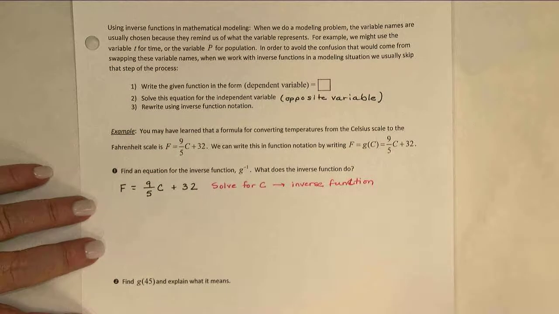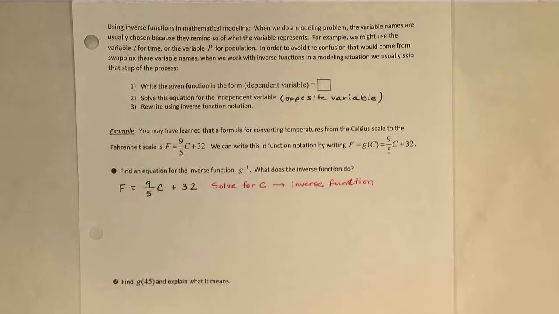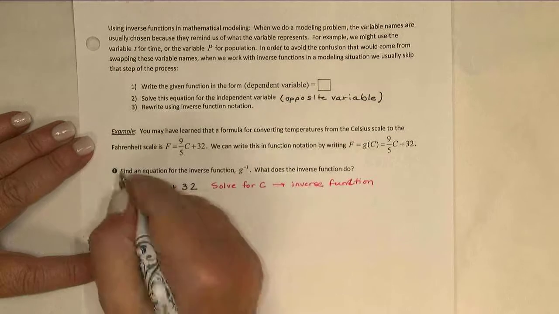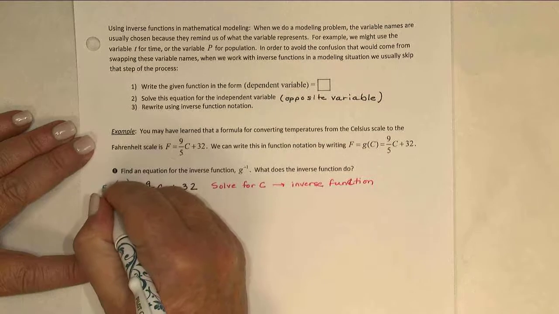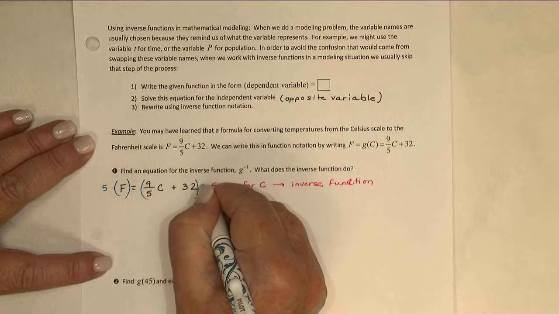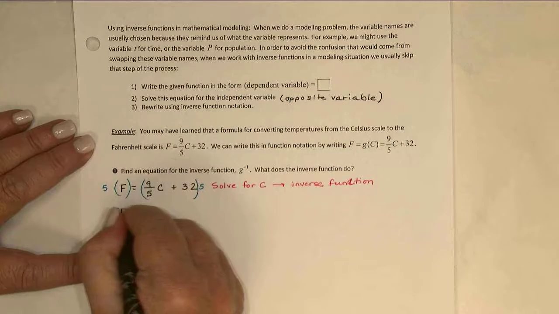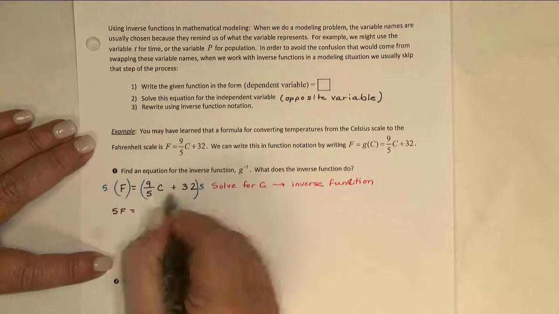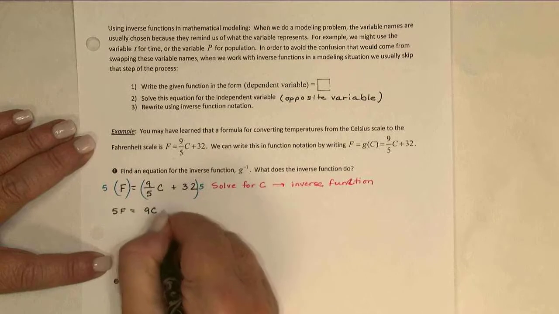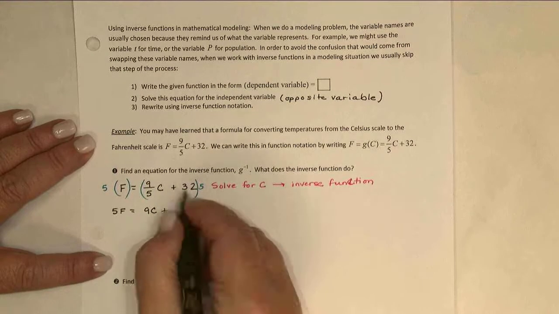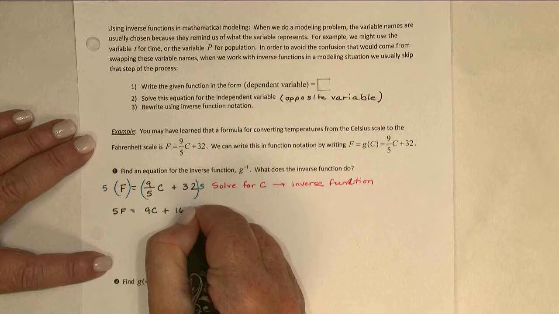Because this equation has fractions in it, I'm going to choose to begin by clearing the fractions. I'm going to multiply both sides of the equation by 5. That gives 5f equals, and the 5's cancel there, so I'd have 9c plus 32 times 5, or 160.